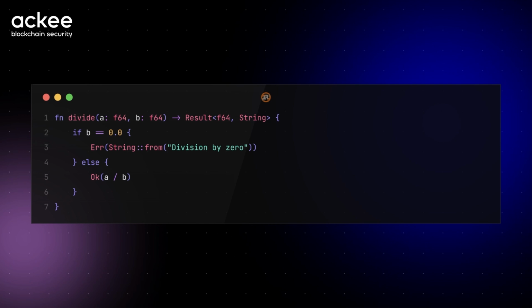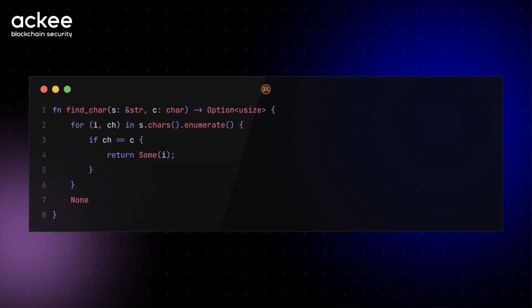If some conditions are not met, we will return some kind of error message. In this case, we have a string which tells us that b is equal to 0. If the conditions are met, then we return the OK with the result within the OK. So this is the idea behind results.